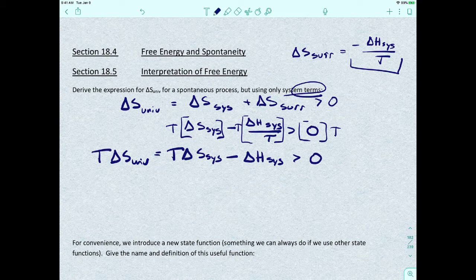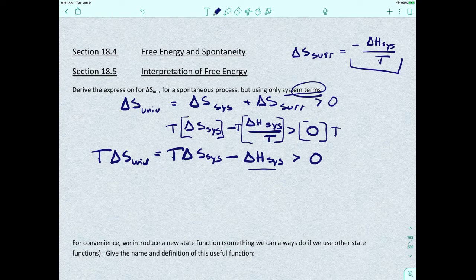Now, I would like to make the enthalpy of the system positive, because remember the units. The units for entropy are joules per kelvin mole, and the units for enthalpy are kilojoules per mole. So the enthalpy value is going to be a lot bigger than the entropy.